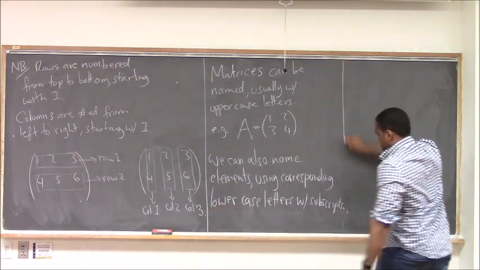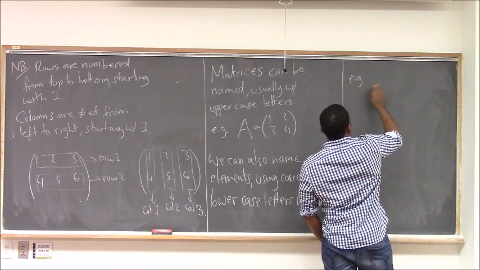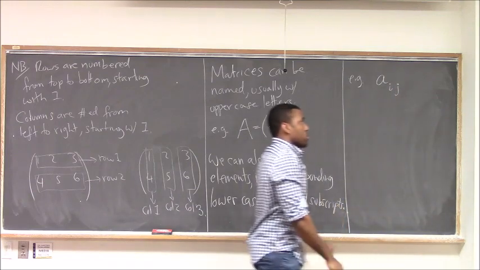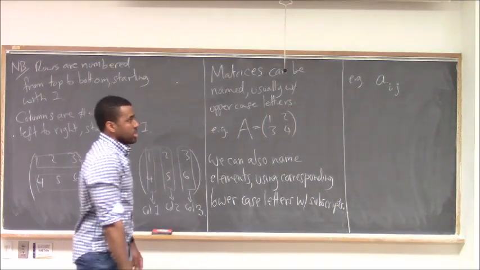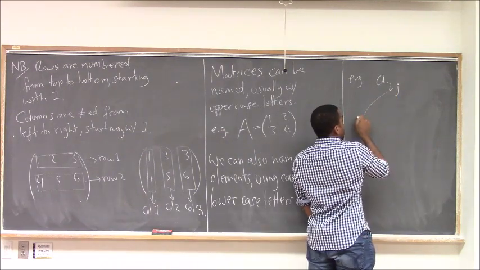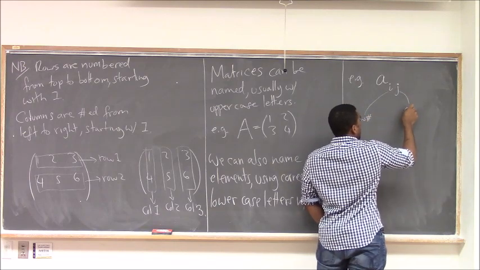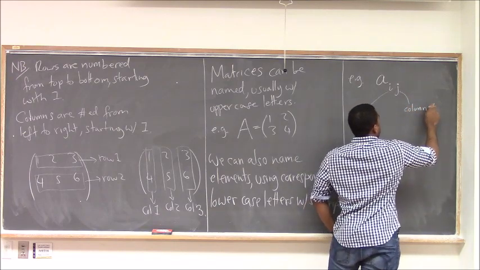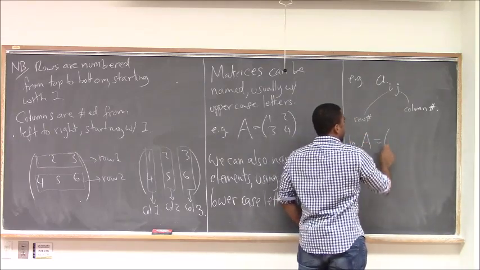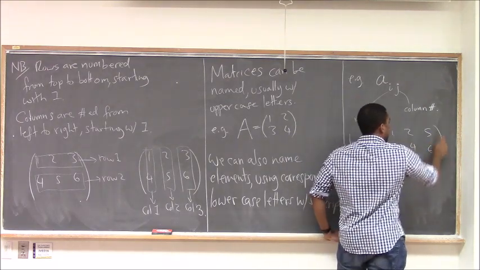So for example, I can write a with a little ij, and you would consider that to be an element in a matrix, or an entry. The i, the number that's in front, is always the row number. The j, the number in the back, is the column number. So for example, in A equals 1, 2, 3, 4, and maybe I'll add a couple more, 5, 6.